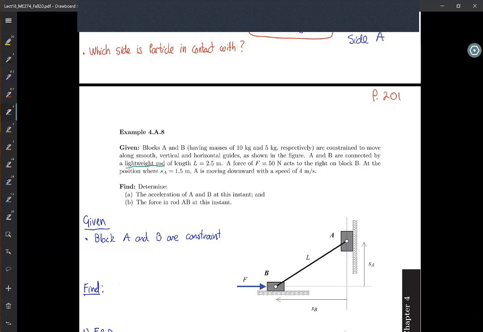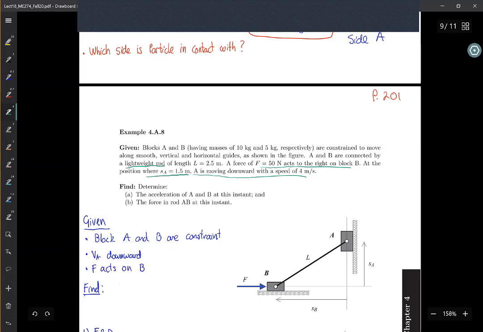And then there is an external force acting on B. And then A is moving downward with some speed. And at the shown position, s_A equals 1.5 meters. And then we're asked to find the acceleration of A, B, and the force in the rod, all right?